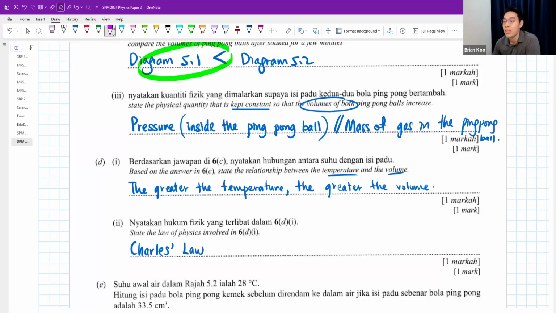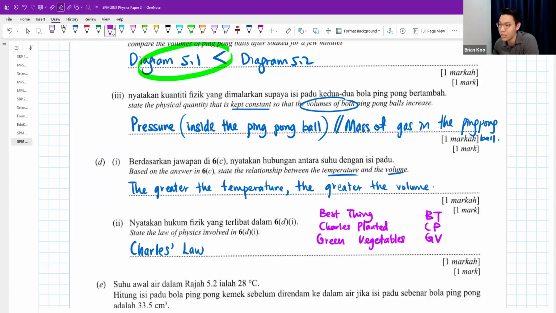Okay, like I always say, we think about "best thing Charles planted was green vegetables." And you don't have to write out the whole thing. In the exam, you're just thinking: best thing Charles planted green vegetables. Pressure unchanged. Pressure never changed.